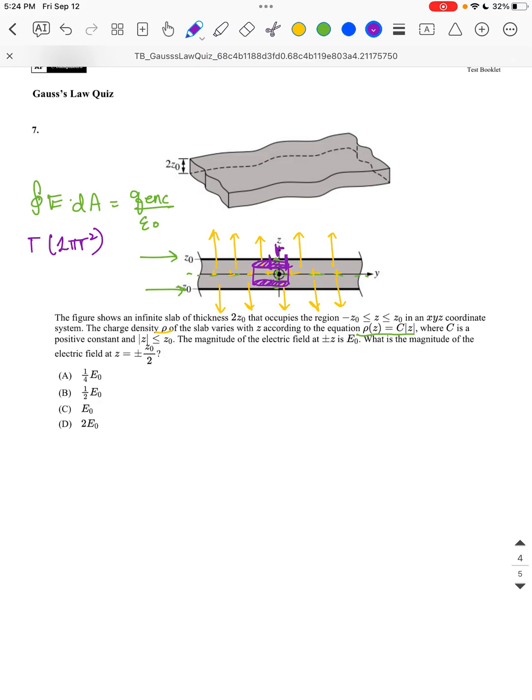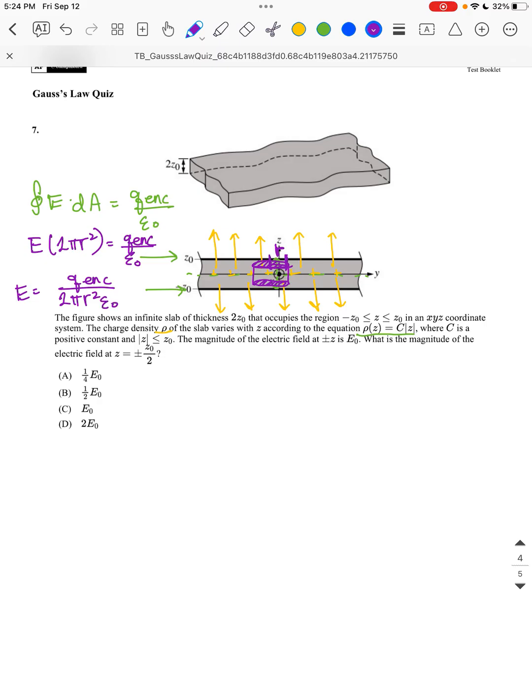The electric field is still E, and then the hard part is trying to find that Q enclosed. I am going to solve for the electric field and leave it as a general expression. So we've got Q enclosed over 2 pi r squared epsilon naught.